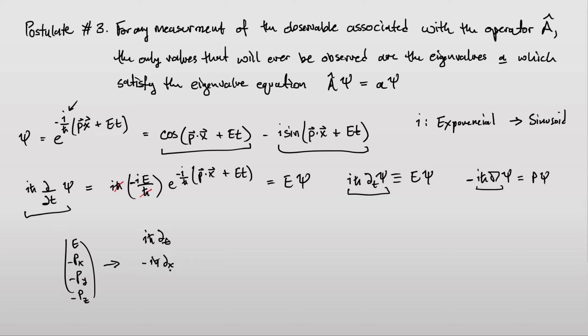And then this just i h bar d/dy, dz. These guys are negative. So these are the operators now. Instead of these quantities, here's these operators.